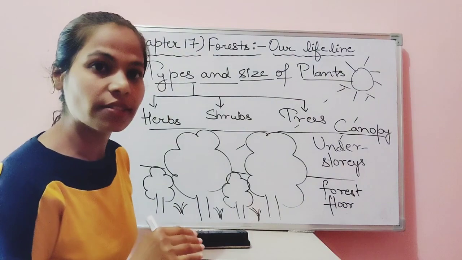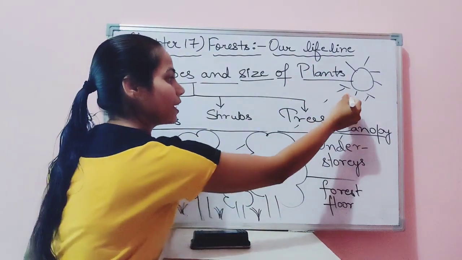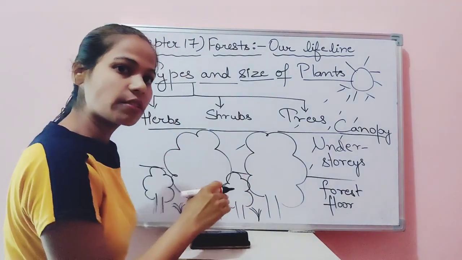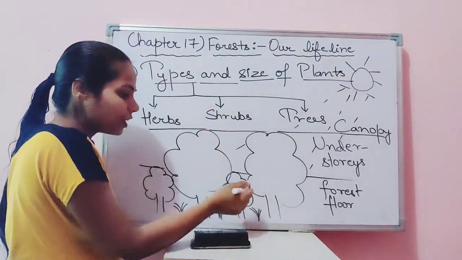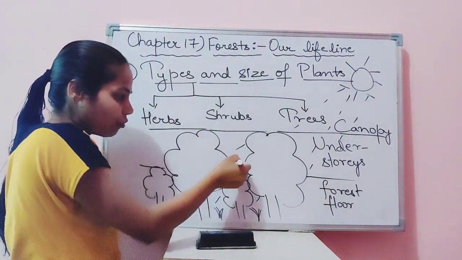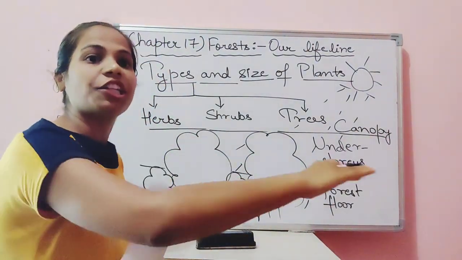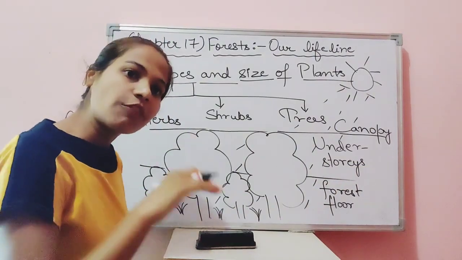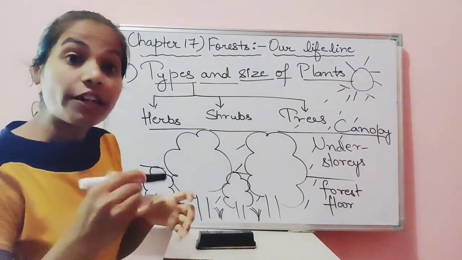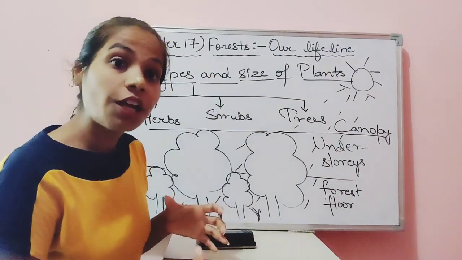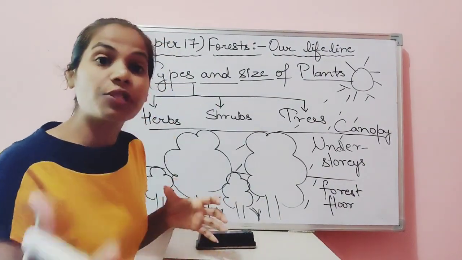Through the horizontal ranges, the sun rays get filtered and finally reach the floor, making the conditions warm and favorable for the germination of new seedlings, new plants, new saplings.